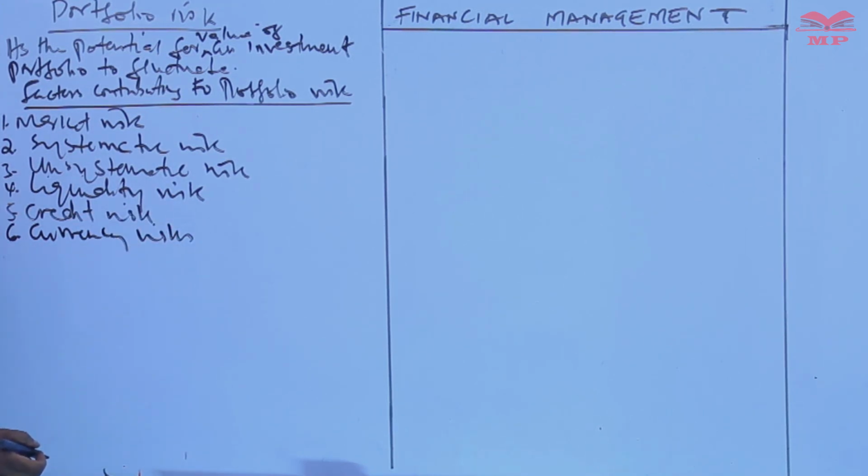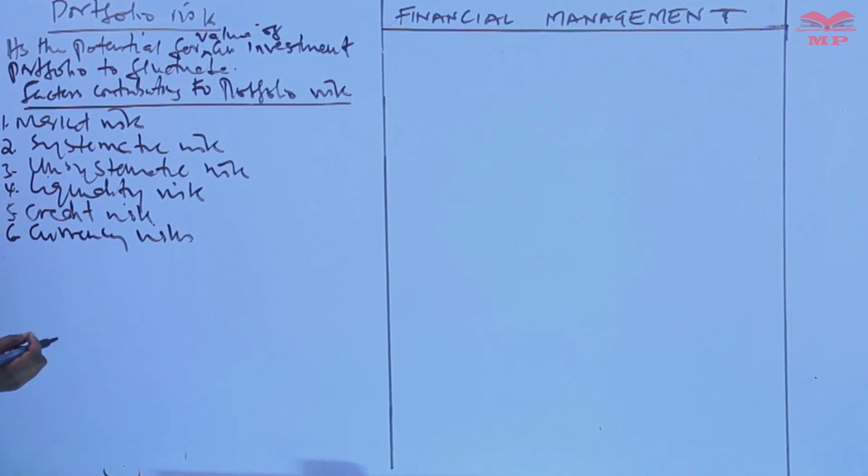These are risks that arise from fluctuations in the exchange rates, which can impact the value of international investments. You understand? I have not seen this question being tested before. Factors contributing to portfolio risk: systematic risk, unsystematic risk, liquidity risk, credit risk, currency risk. You understand?